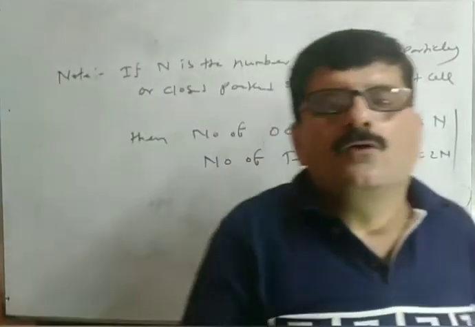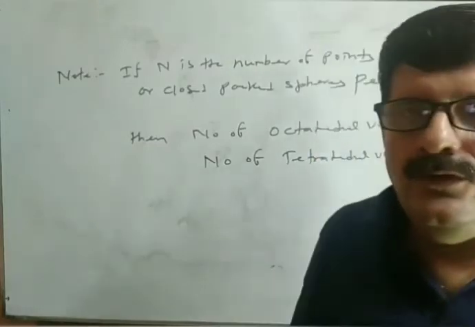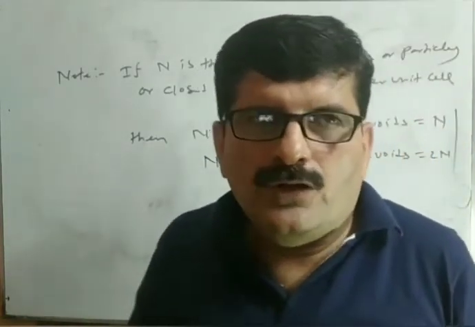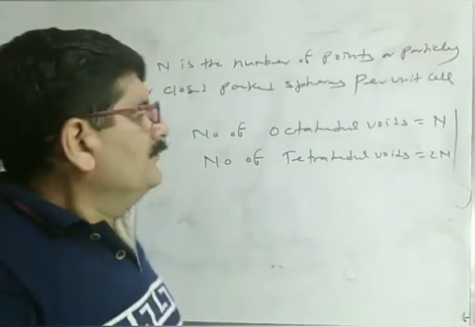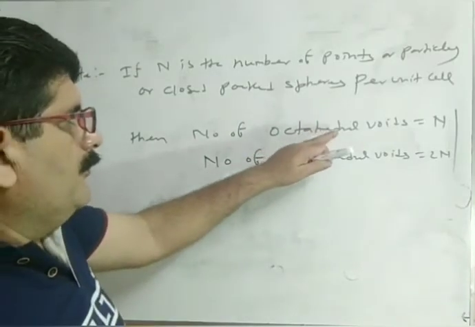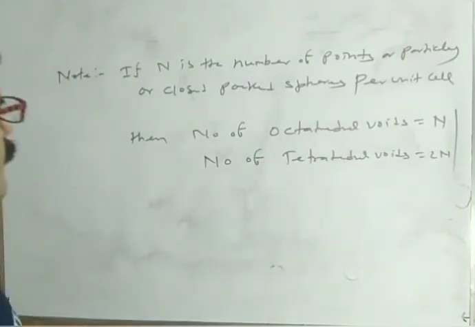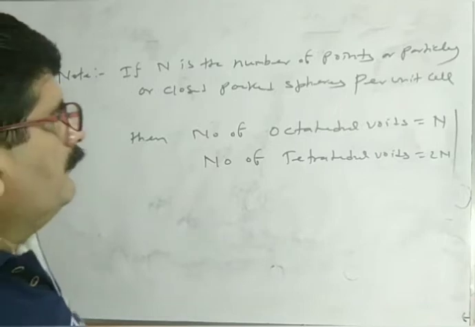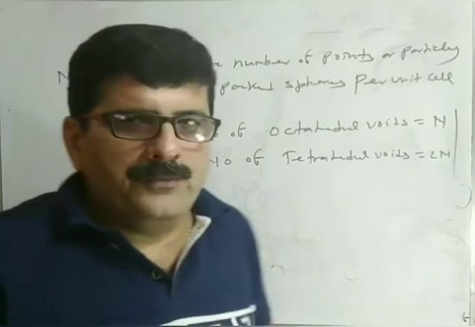So tetrahedral voids are always double compared to octahedral voids, and the number of octahedral voids is always equal to the number of particles per unit cell.